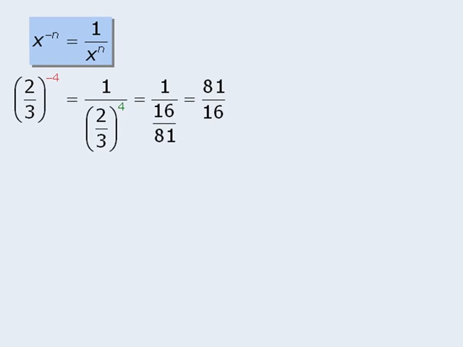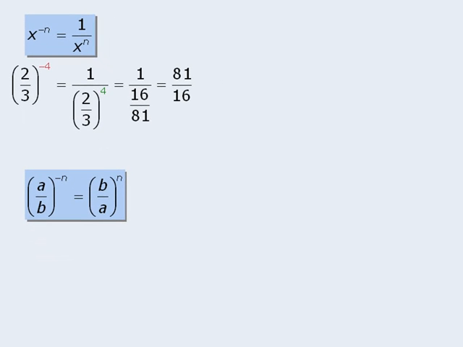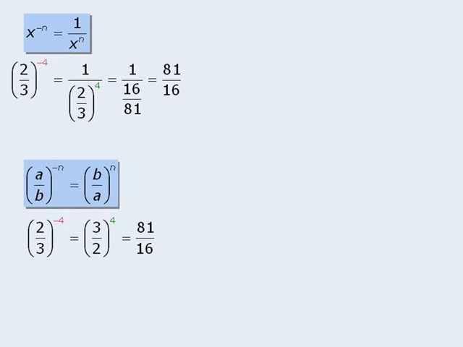The other option here is to apply this rule that says a fraction with a negative exponent is equal to the reciprocal of that fraction raised to the positive version of that exponent. So 2/3 to the power of negative 4 can be first rewritten as 3 over 2 to the power of positive 4, and when we evaluate this we get 81 over 16.